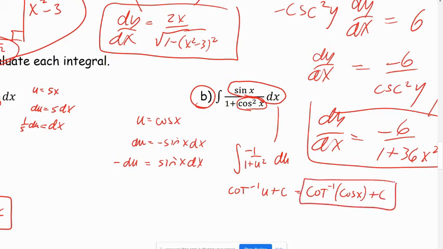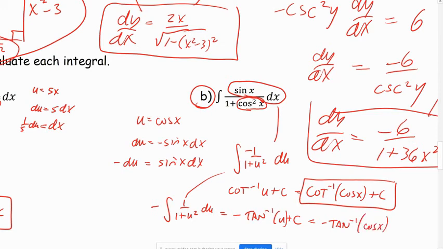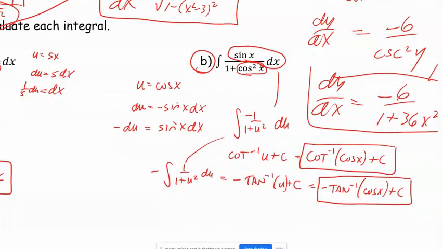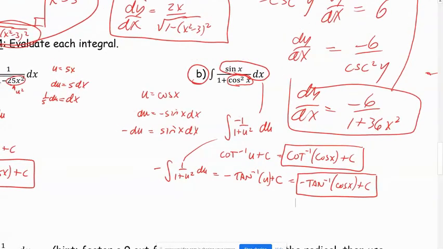So that's one way to do it. Or if I leave the negative on the outside, then I could say this is negative inverse tangent of u plus c, which would be negative inverse tangent of cosine x plus c. So either way, we get some antiderivatives for example B.